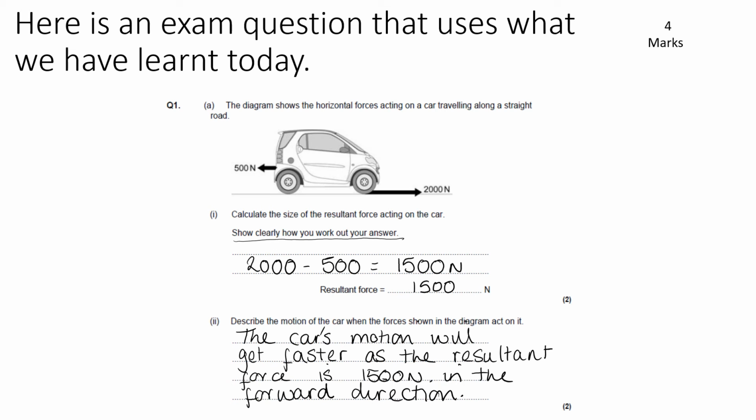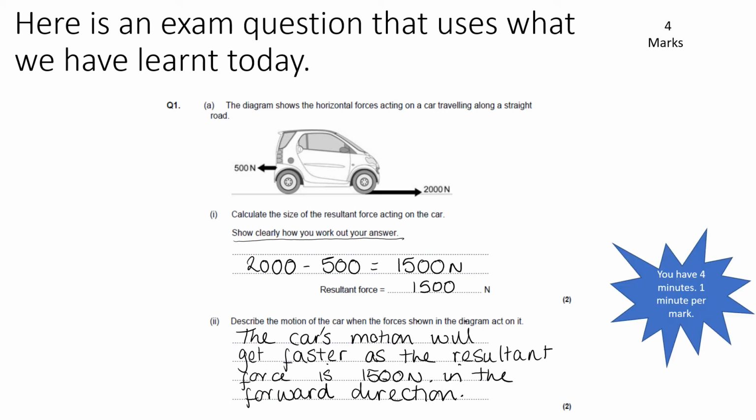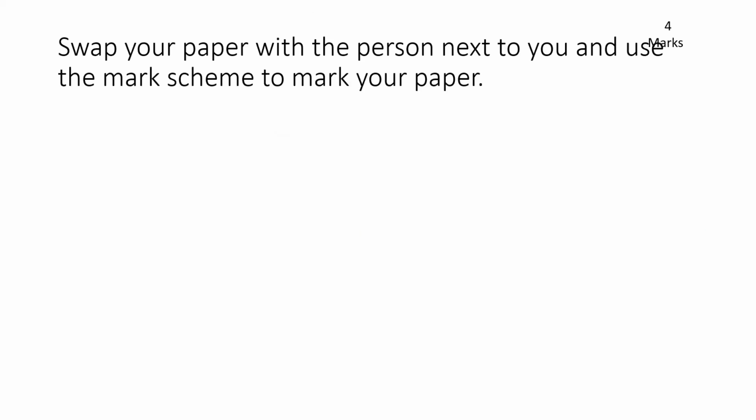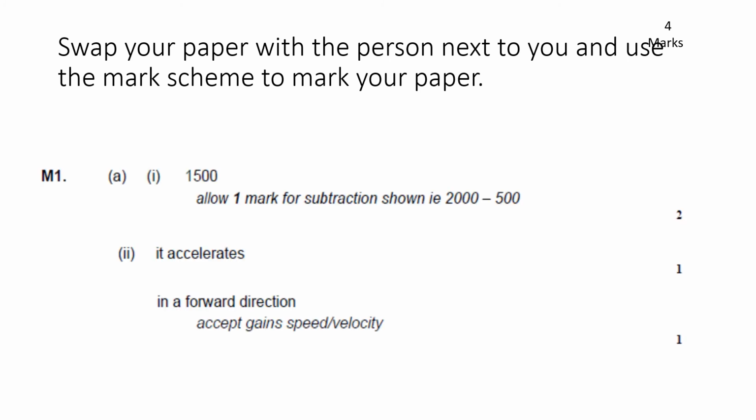So let's have a look at the mark scheme. Ignore that bit. So you could say that it is 1500. Allow 1 mark for subtraction.